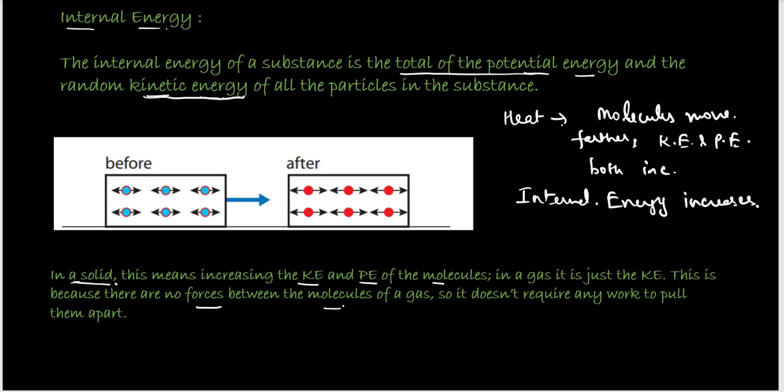So all the heat that we give is going to raise the kinetic energy of the gas. So on heating, in a solid you will increase the kinetic and potential energy of the molecules, but in a gas it is just the kinetic energy, because there are no forces between the molecules of a gas. So of course no work is required to pull the molecules apart, and hence no potential energy.